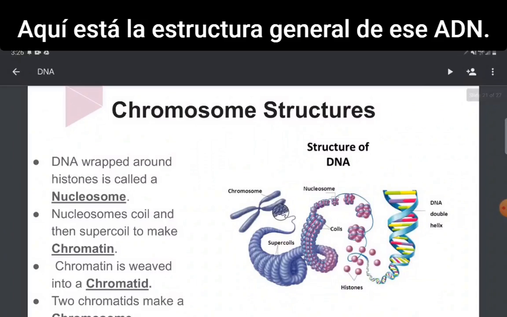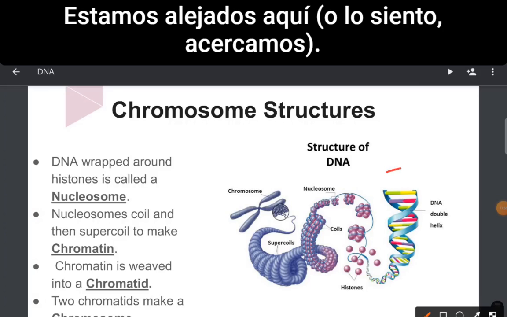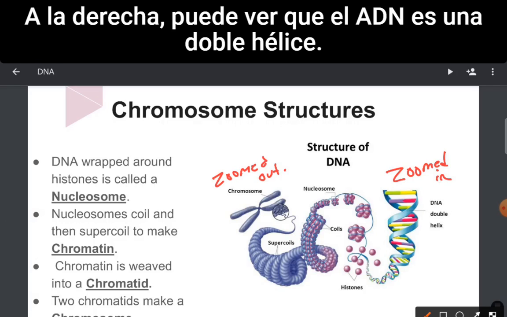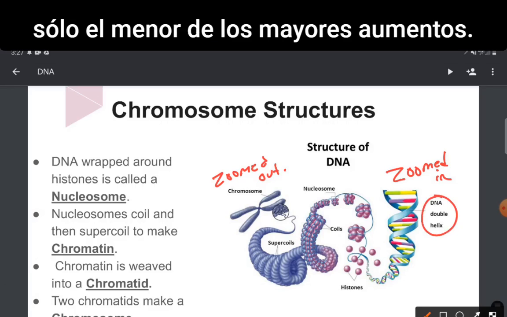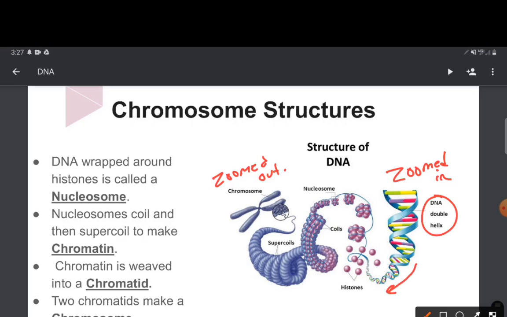Here's the overall structure of that DNA. We are zoomed out here, zoomed in, and we are zoomed out here. On the right, you can see that DNA is a double helix. This is visible only under the greatest of magnifications. We then take this double helix and we start zooming out as we go this way.